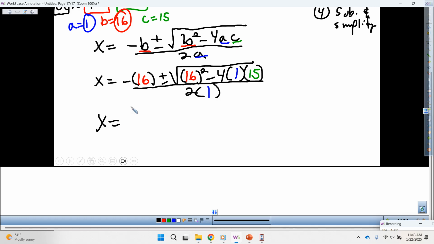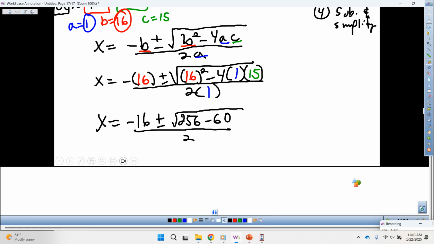x equals, what is negative times 16? That's negative 16 plus or minus the square root of 16 squared. 16 times 16 is 256. Okay, 256. And then what is negative 4 times 1, times 15? Negative 60, over 2. We're still not done. You need to continue simplifying.